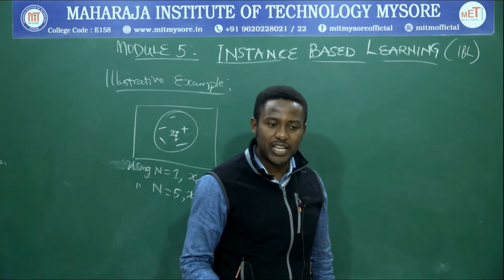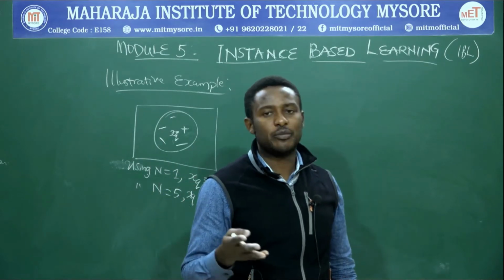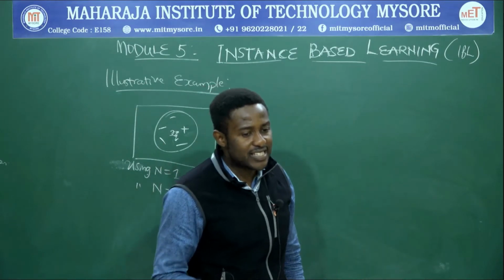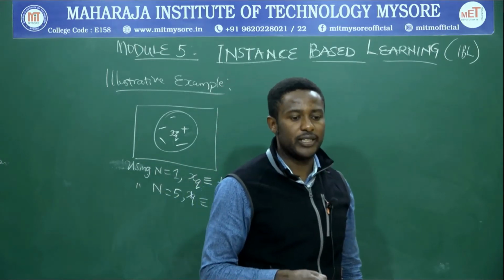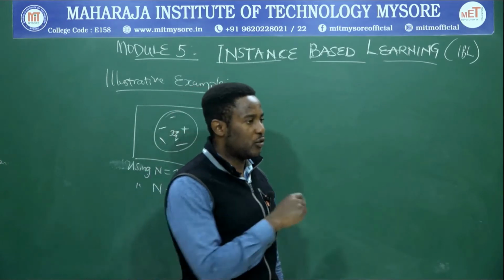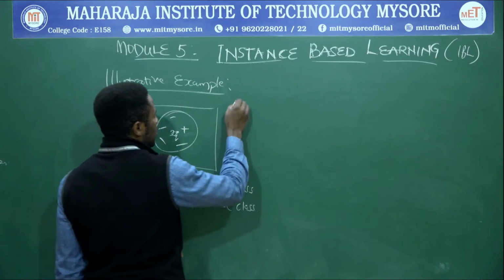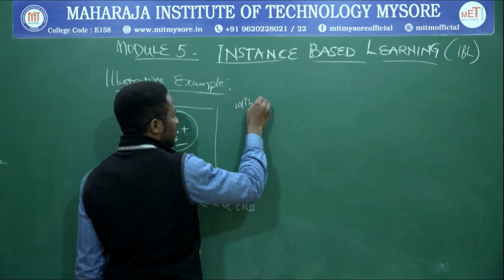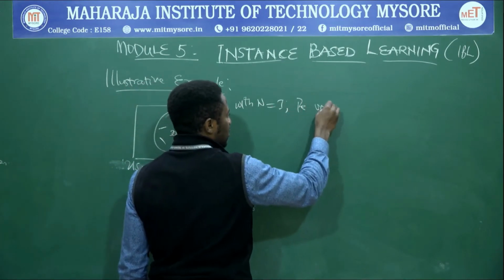Now, these query points outside the polyhedron are also closer to some training examples. And this kind of diagram is called the Voronoi diagram of the set of these examples. Now, how do we represent this Voronoi diagram? With n equal 1, the Voronoi diagram will look like this.